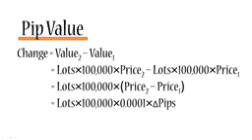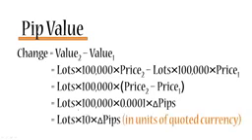And we know that regardless of whether we're using a 4-digit or 5-digit broker, a pip is always 0.0001. So here we're replacing price 2 minus price 1 with delta pips times 0.0001. And next, we multiply 100,000 times 0.0001, which gives us 10. So the change in value is always equal to lots times 10 times delta pips and is measured in the units of quoted currency.